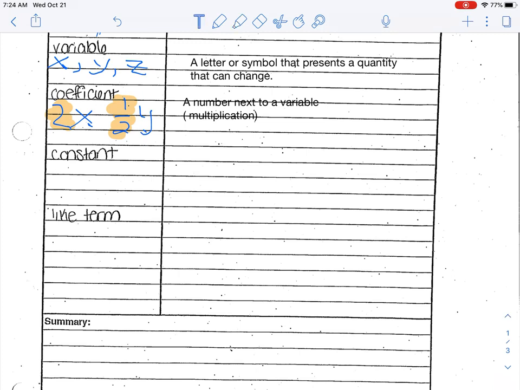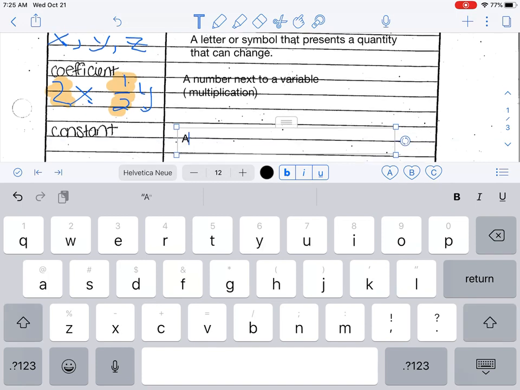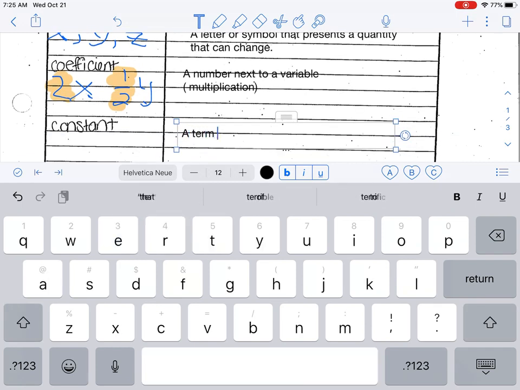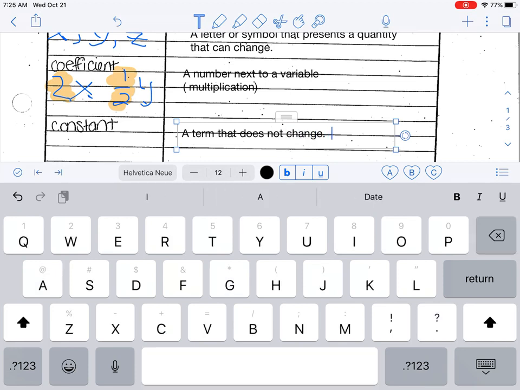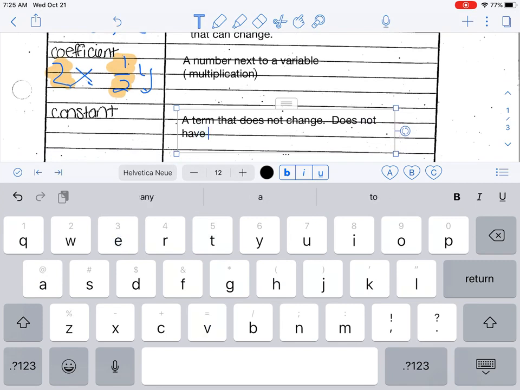A constant is a term that does not change, does not have a variable.